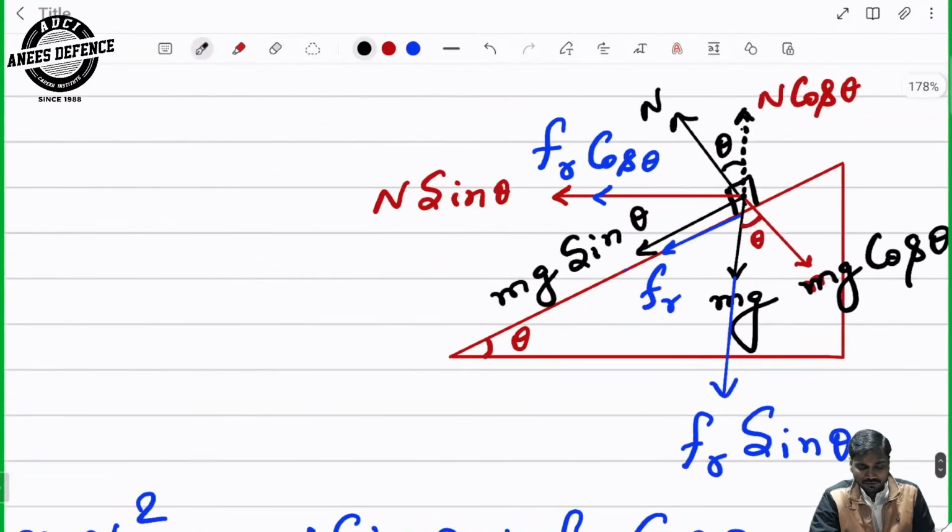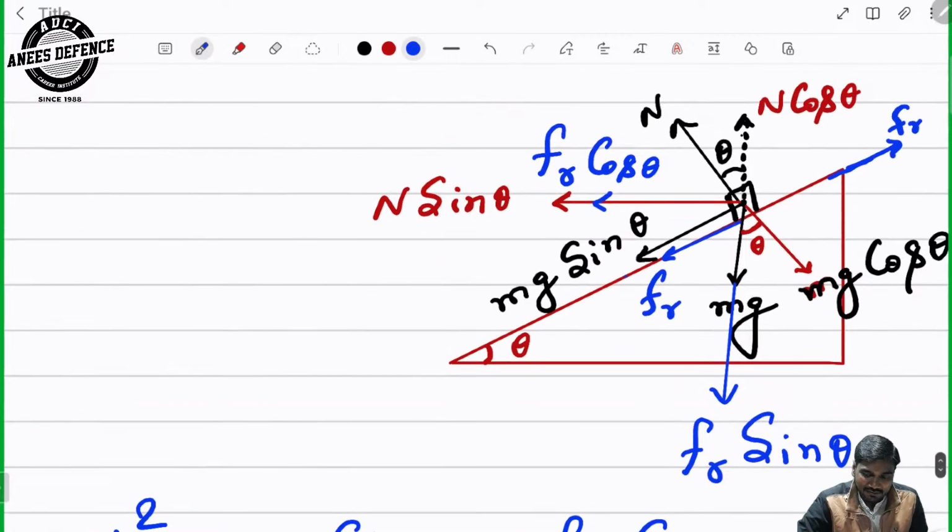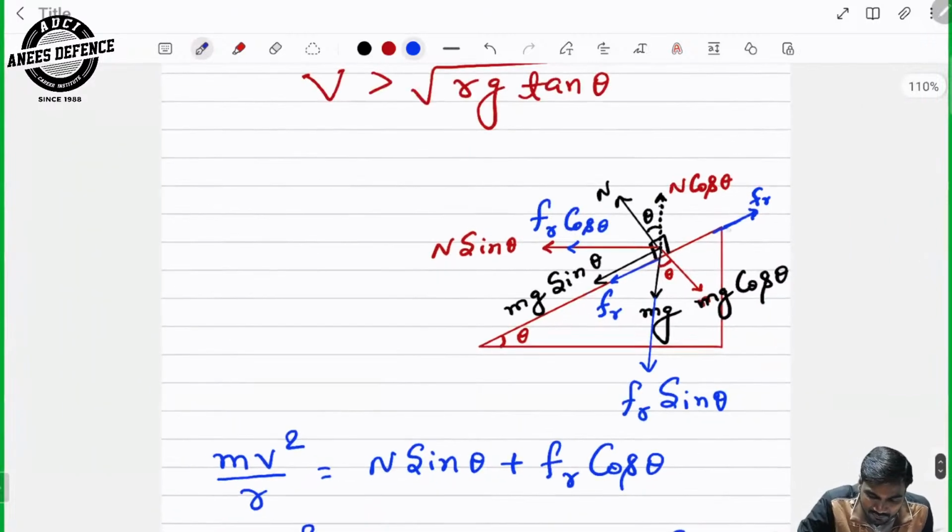When you take friction force in the upward direction, in the horizontal direction the angle is theta.